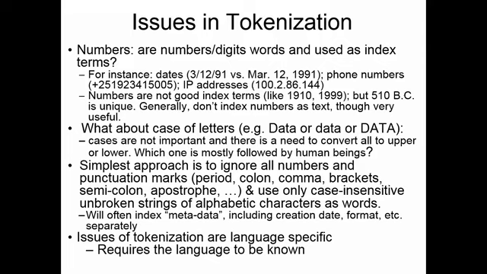Since tokenization is language dependent, even the word separators we decide on depend on the language. What is used in Amharic may not be used in English. So depending on the language, we have to decide word separators.